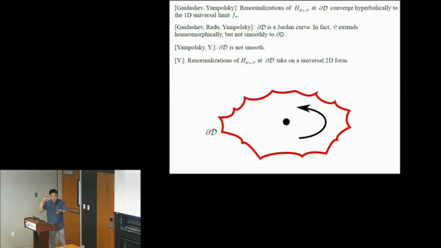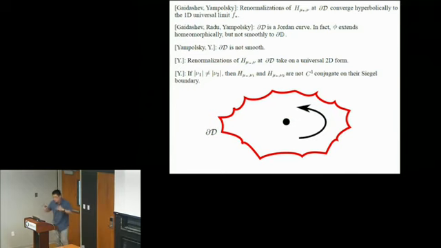So not only does it degenerate to a one-dimensional map, we also know its 2-dimensional behavior as it converges to the one-dimensional map. And using this, I was able to prove the first truly 2-dimensional result about the 2-dimensional Siegel disk, that it's not rigid at the boundary of the 2-dimensional Siegel disk. So there's no C1 conjugacy between different Hénon maps with the Siegel disk of the same rotation number.